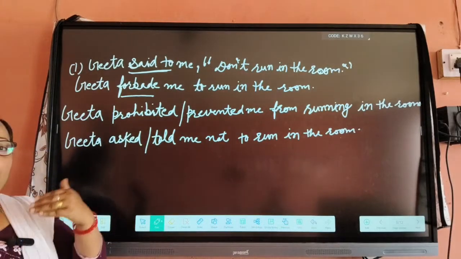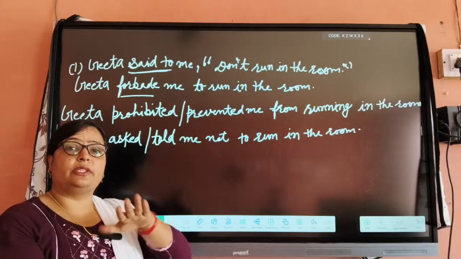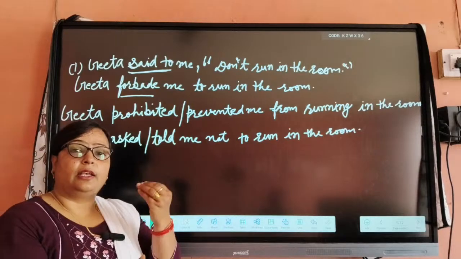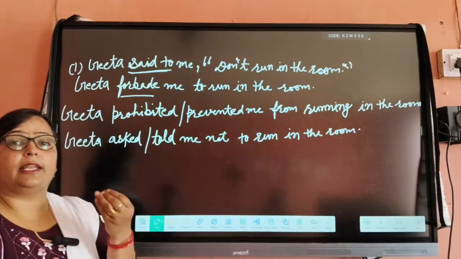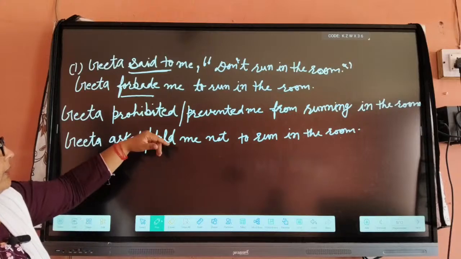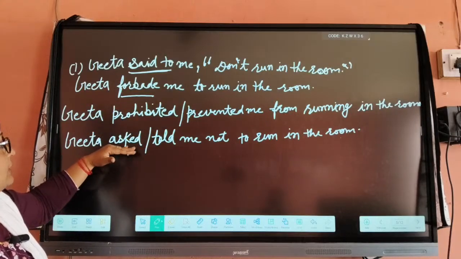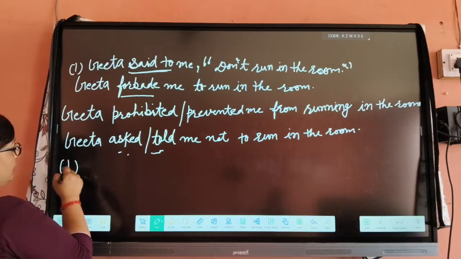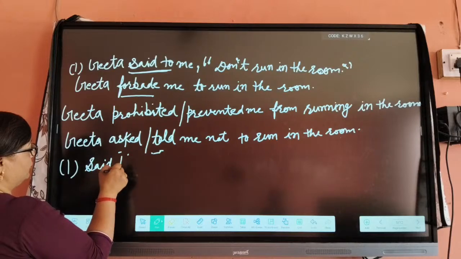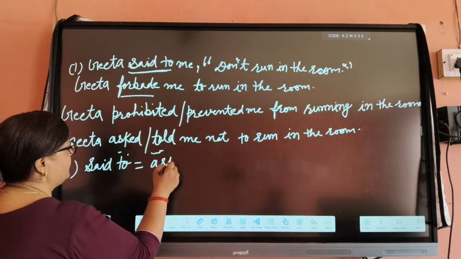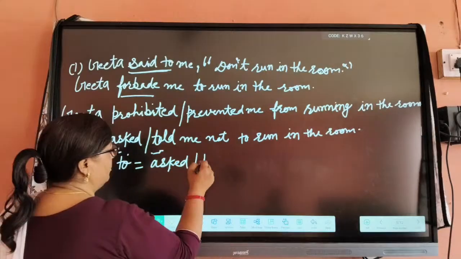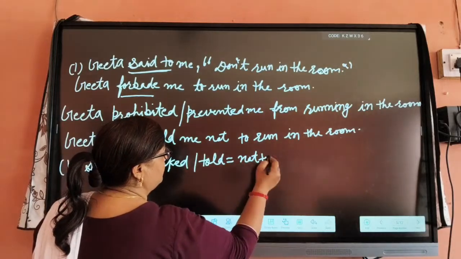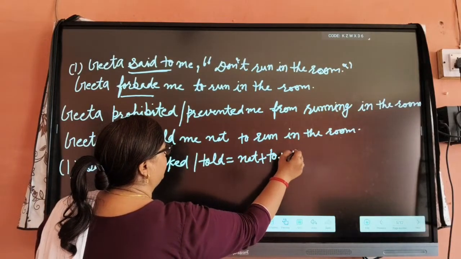And if we have an imperative sentence that gives a negative command, then there are three ways to change it. We can change our "said to" into "asked" or "told", and then we use not plus to plus verb first form.